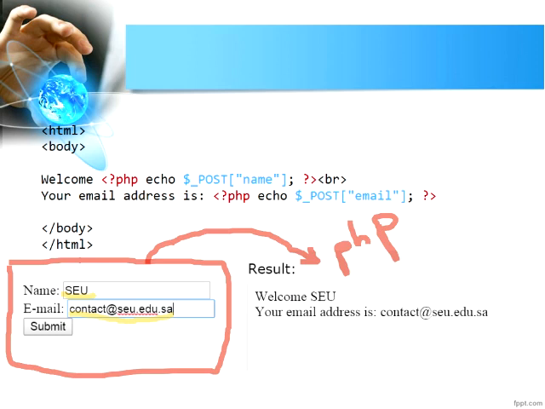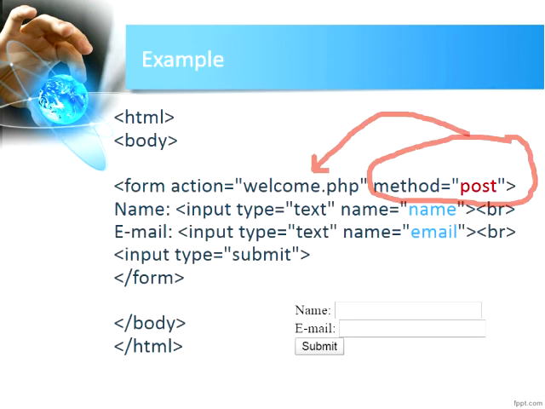So the question is, in PHP code will we use $post or $get? The response depends on the value of method in our form. So in this example we use method equal post.